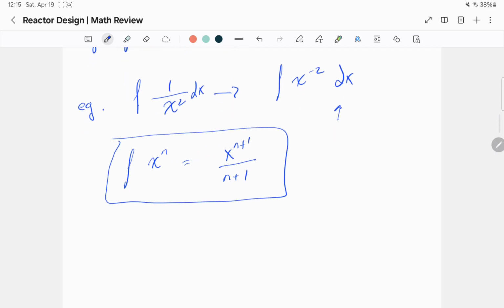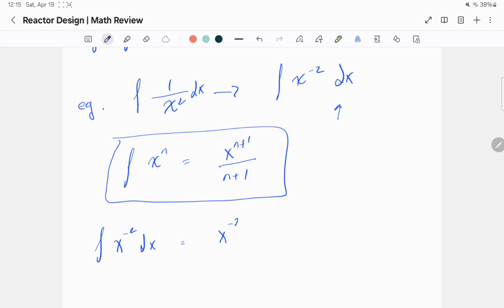It will be the integral of x to the power of negative 2 dx. That will equal x to the power of negative 2 plus 1 over negative 2 plus 1, which will give you x to the power of negative 1 divided by negative 1.